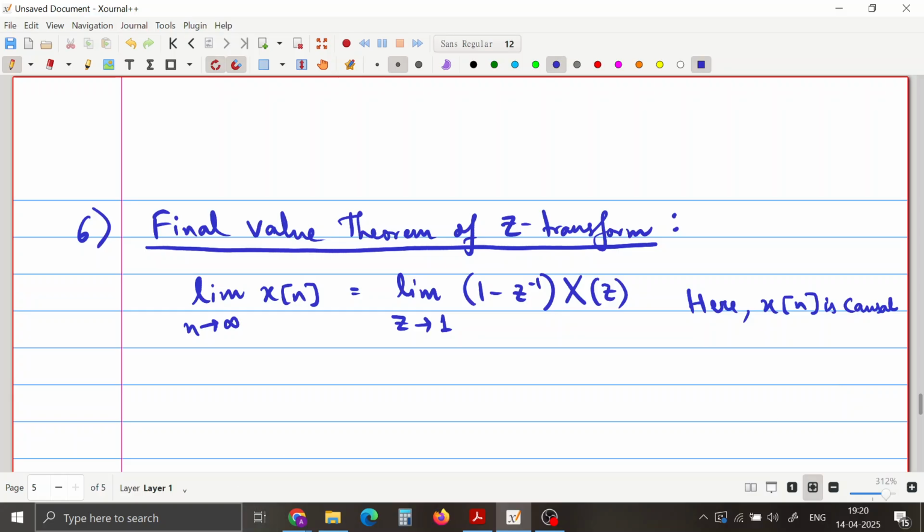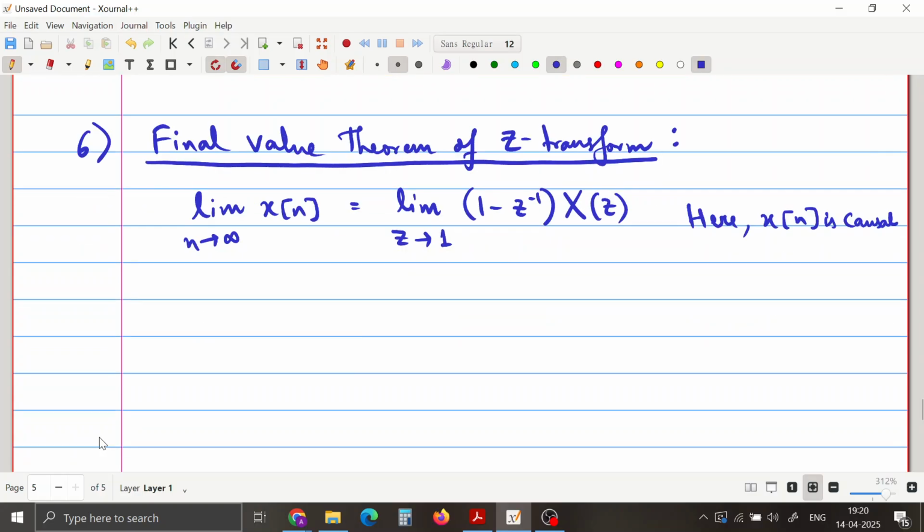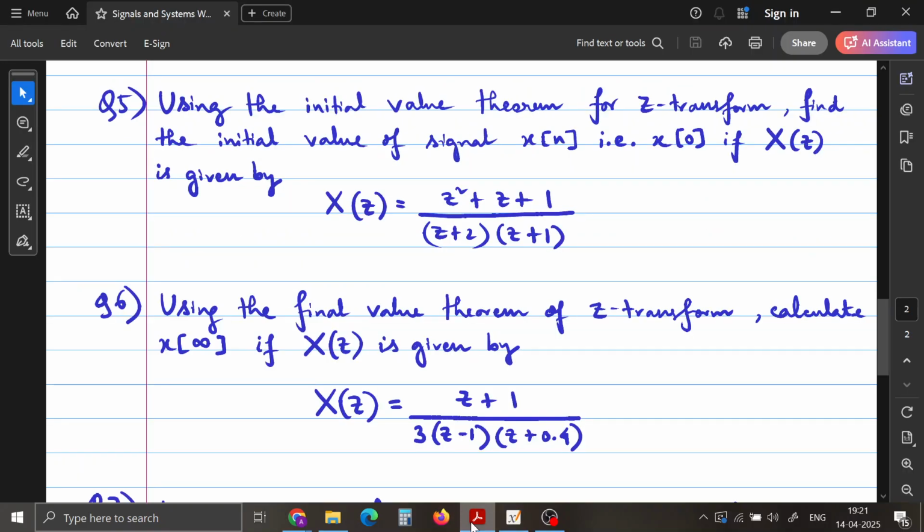I'm not going into the proof of this. You can readily find these proofs in textbooks or any place, even online also. So here in our question, let's see what is x of z. Let me go back to the question.